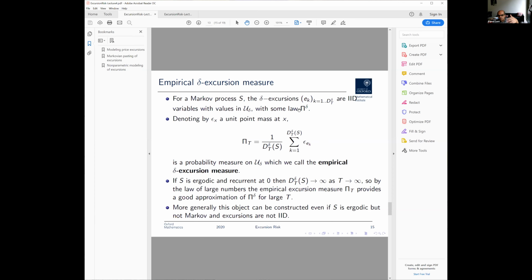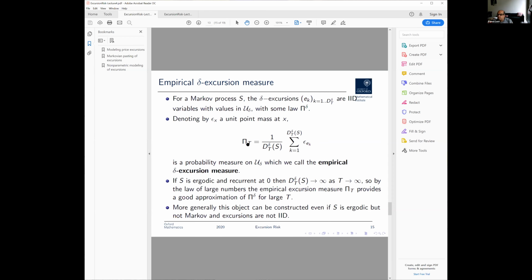Watanabe, who constructs processes from excursions, basically, if you have a sequence pi n of probability measures on the space of excursions, and pi n converges to a limit, which is a probability measure on the space of excursions, what can you say about the law of the processes built in this way? Okay, so I sample from these delta excursions, I sum them together.